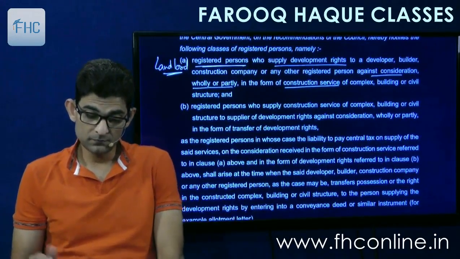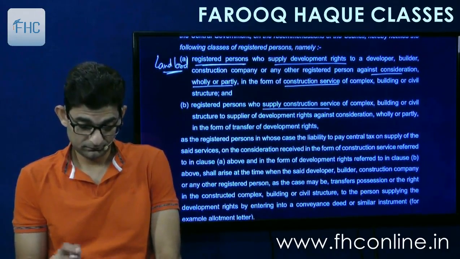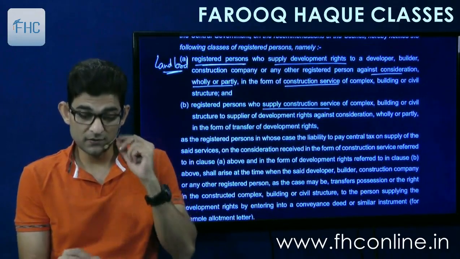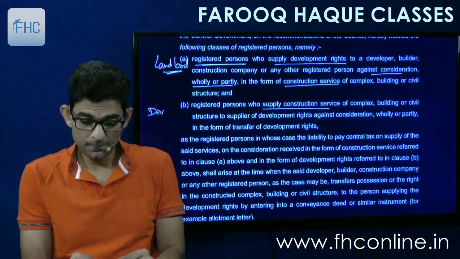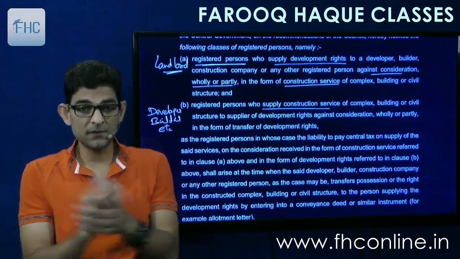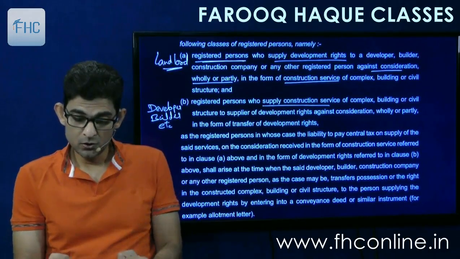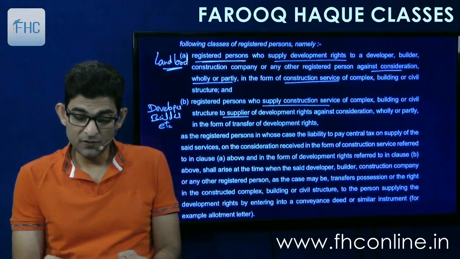And the registered person who supplies construction service. So this is about the second person, the developer or the builder, etc., or the construction company, to the supplier of development rights.